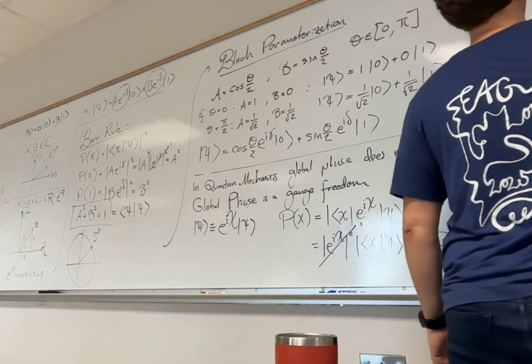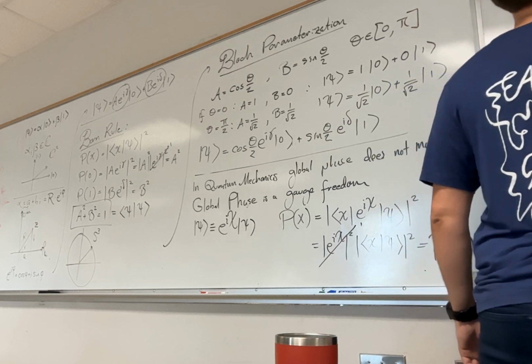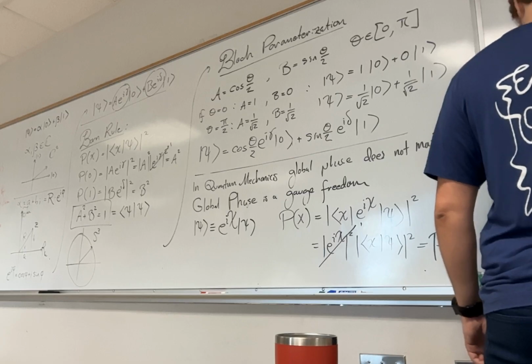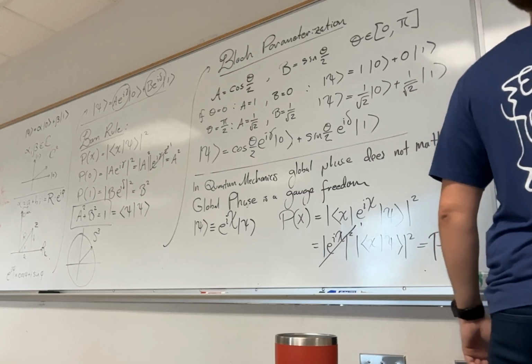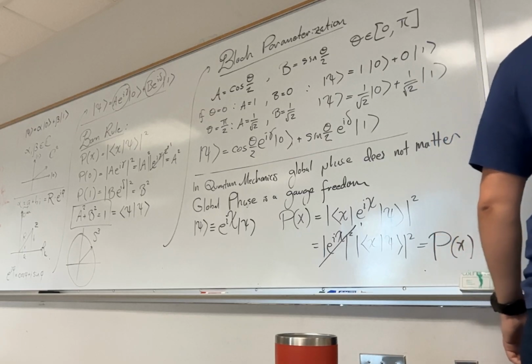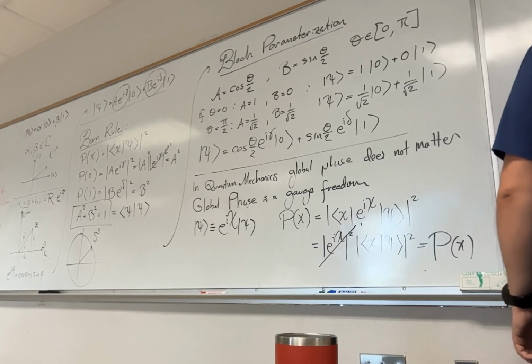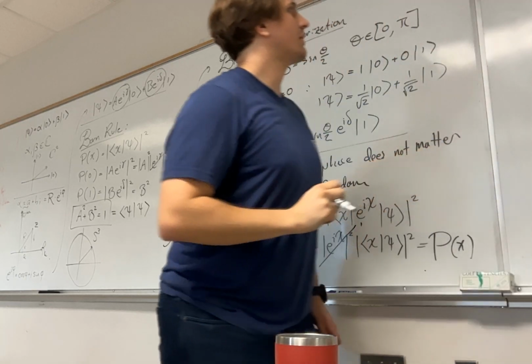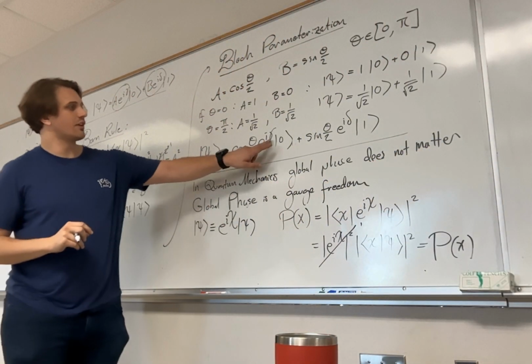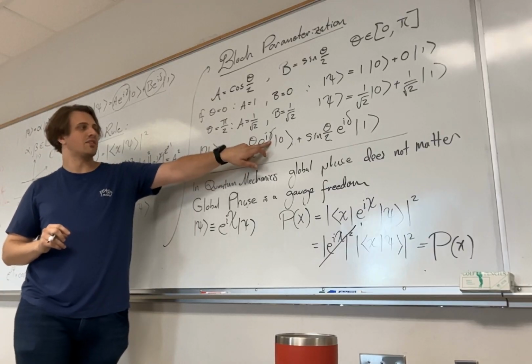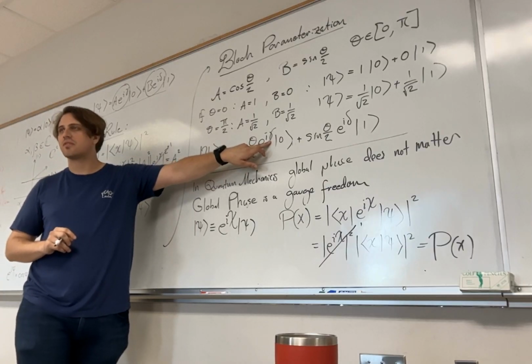I'm going to say choose alpha such that alpha is real and alpha is non-negative. This is essentially saying, let's just choose our phase such that this guy doesn't exist, that this gamma here is 0. Does that make sense?